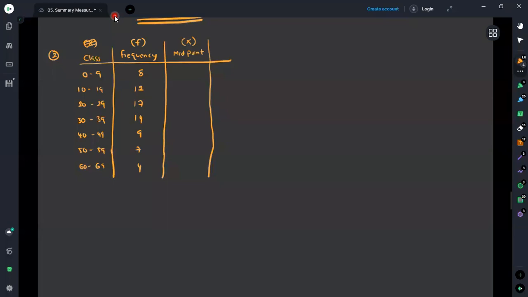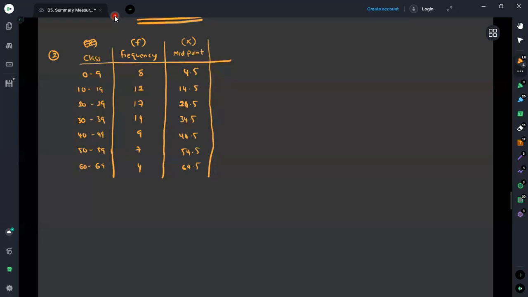Using the appropriate calculation, we will get the class midpoints in the following way. This is 4.5. The next value would be 14.5 and 24.5, up to 64.5.